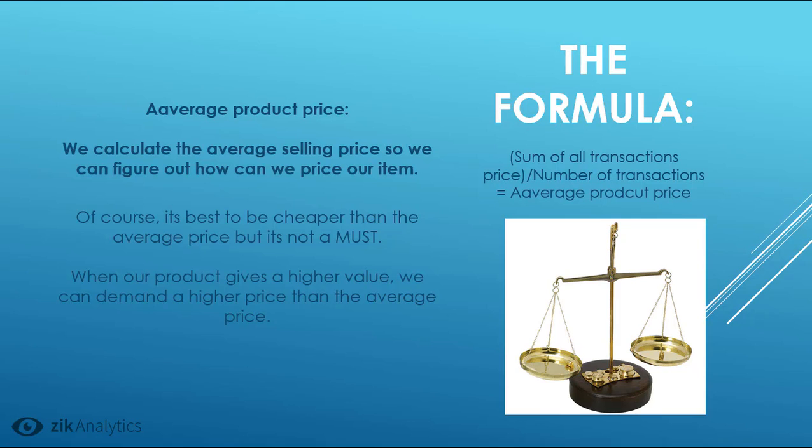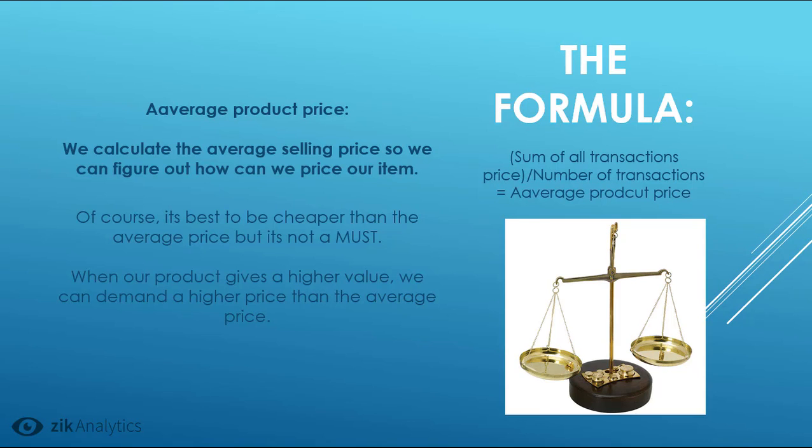In the last month, the revenue of all the transactions is 100, and you had only 10 transactions, just for the sake of an example. So you have 100 divided by 10, and the result is $10. So $10 is the average price. Basically it's usually higher numbers than that, but just for an example, so it's easier to calculate.